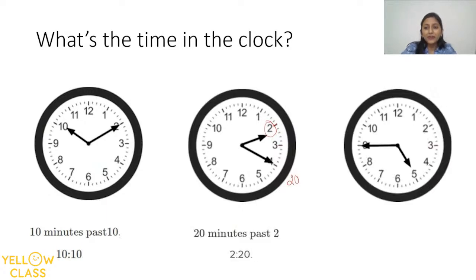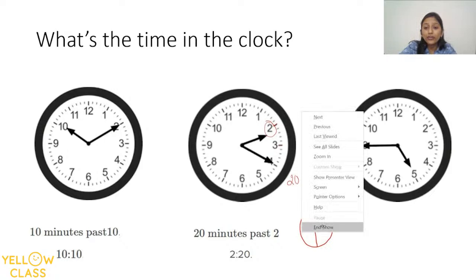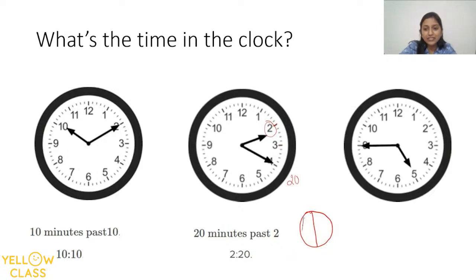Yes. All right. What about this one? Yes, for 3 and 9, do you remember what the name was? It was a quarter. Yes. Quarter comes from this: if I have a circle or a pizza and I cut it into 4 equal pieces, one piece represents a quarter. So that is why it is a quarter.